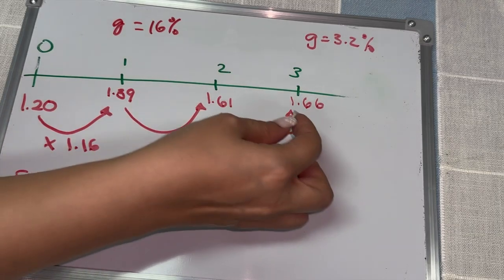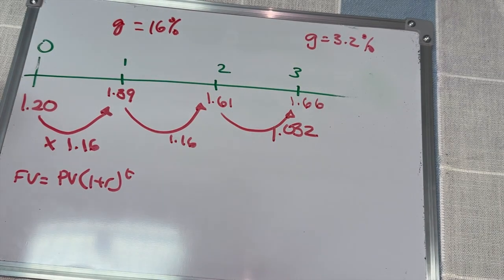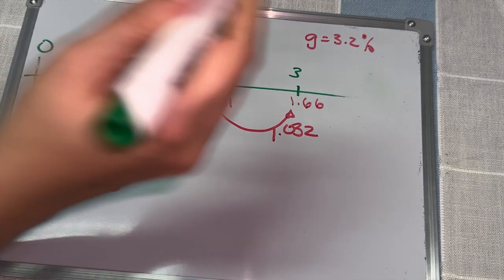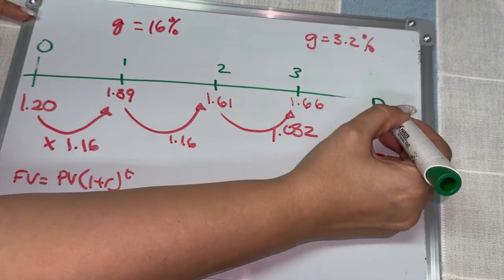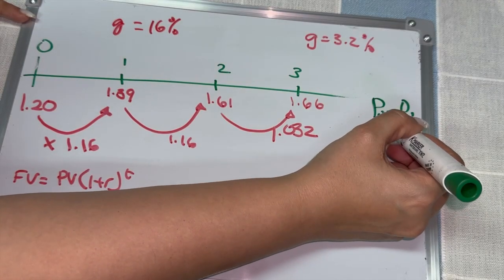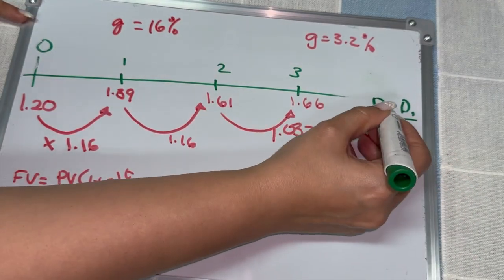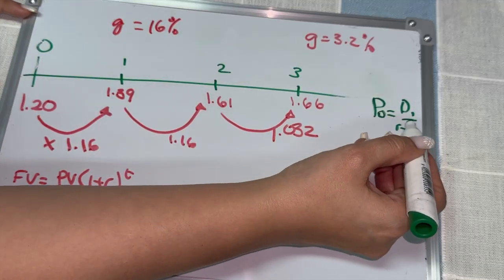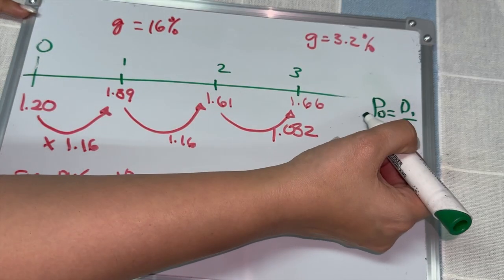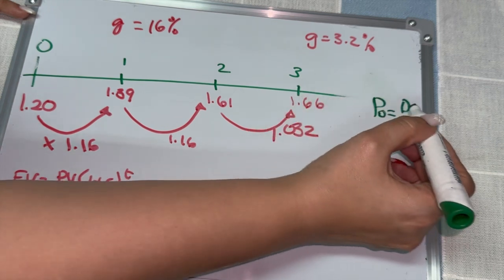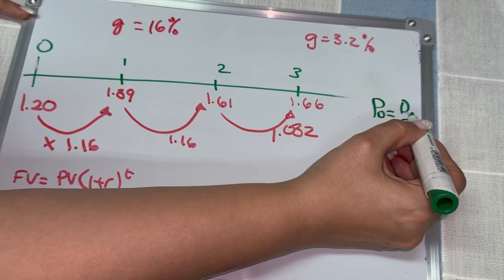Now, we know that this is a constant growth. Our formula for a constant growth is D1 over R minus G. Okay, so it always discounts from 1 to 0, so 1 period. In this case, it's D3.